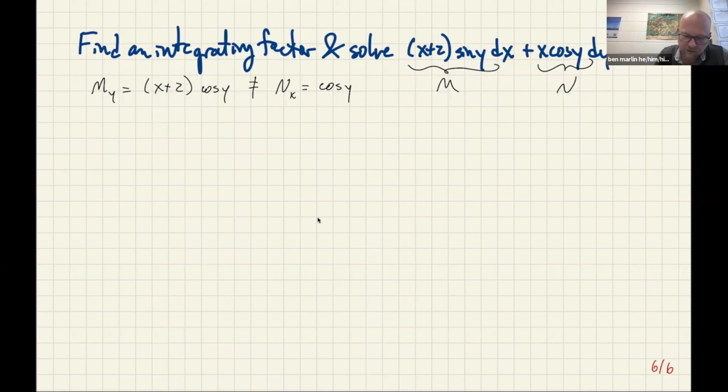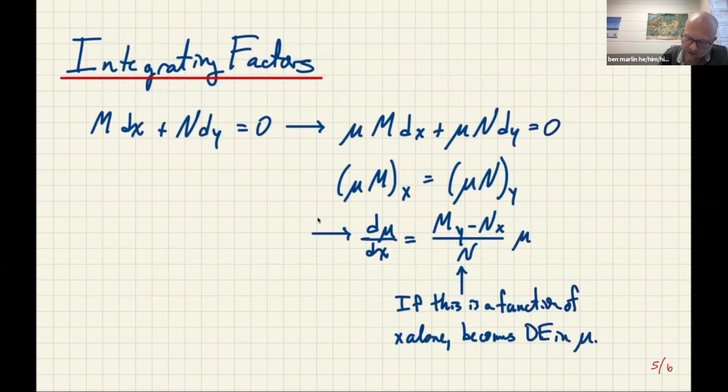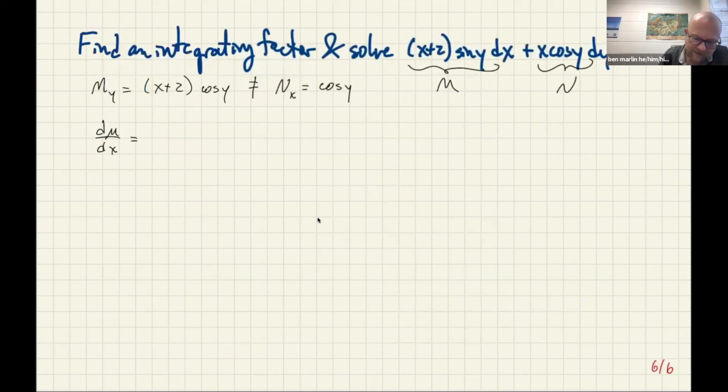So we got to remember that notion, d mu dx equals, man, what was it? M sub y minus n sub x, and then divided by n, and then times mu. So let's write those down. So the m sub y, oh, well, hey, it turns out that we just did this work, right?